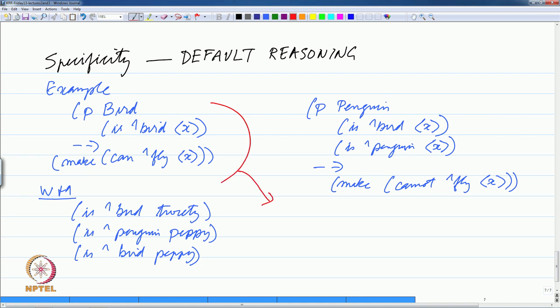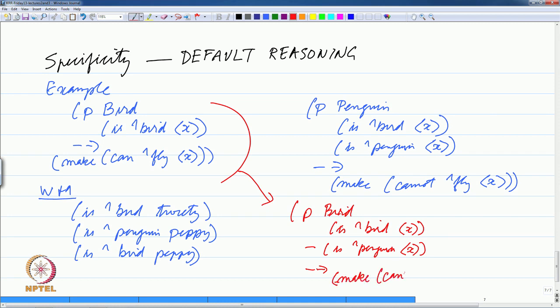So, the problem is I can modify the bird rule. If I had rewritten my bird rule in this fashion, then this problem will not occur essentially.